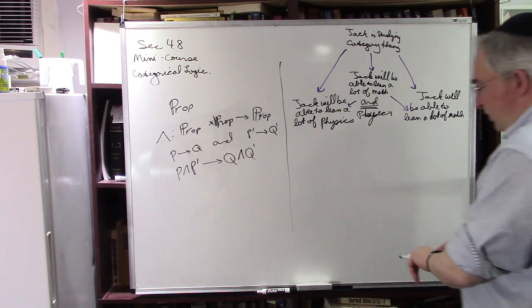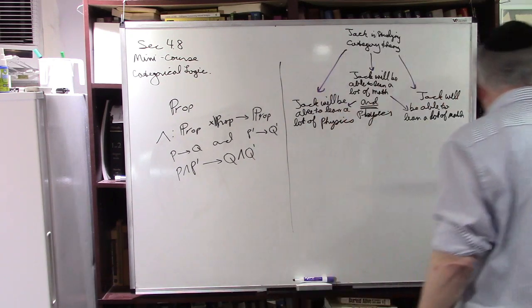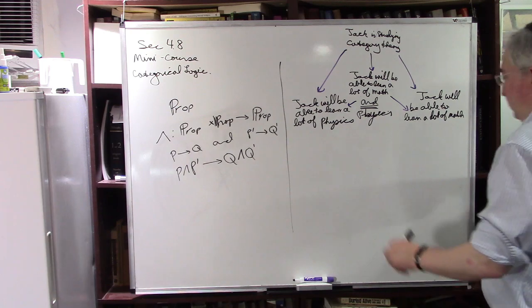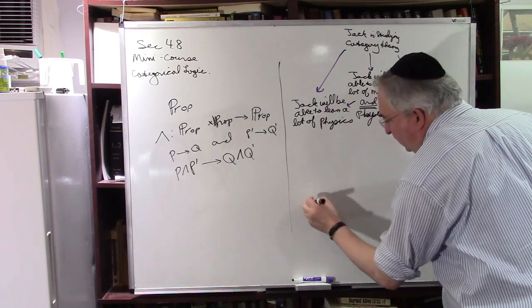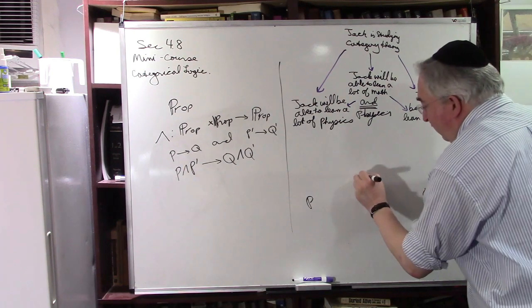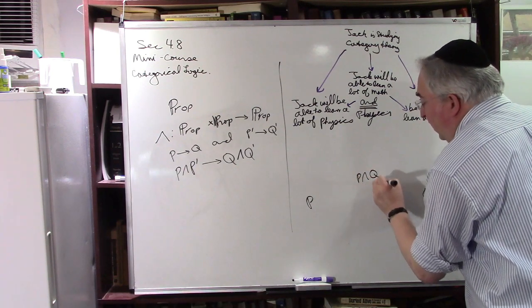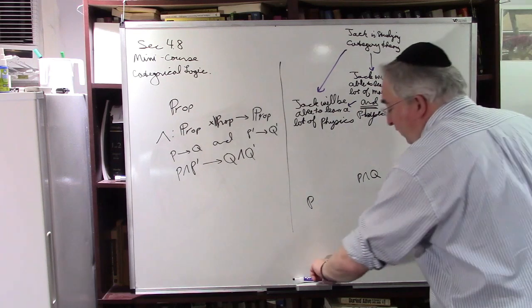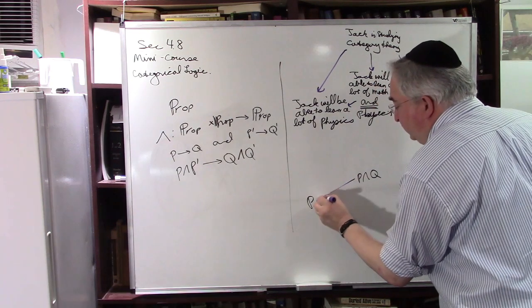Okay, now I just want to show it without words. So if P stands for one thing and Q stands for another thing, then you have P and Q, and you have the projection functions.